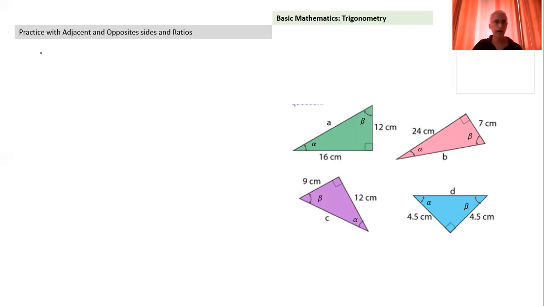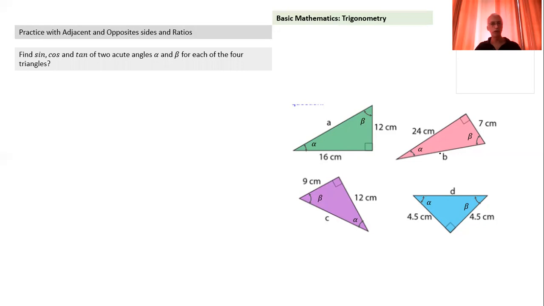So here again, let's practice with the adjacent and opposite side, and let's learn how to calculate ratios quickly and correctly. What we need to do here: we see four right angle triangles. We need to find sine, cos, and tan of the two acute angles.